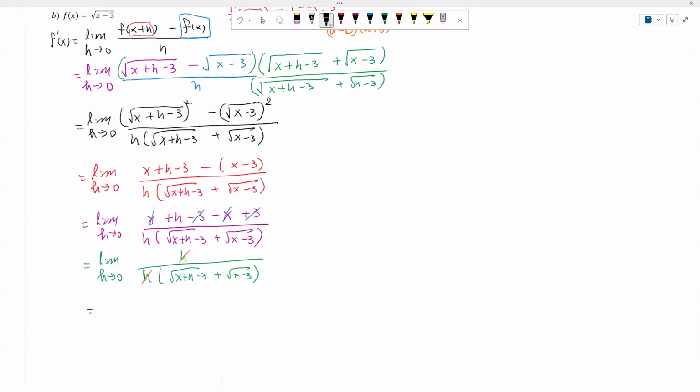And now I could, again, direct substitution, right? So I will have a square root of x plus 0 minus 3 plus square root of x minus 3. Since this and this are the same, my answer will be 1 over 2 times square root of x minus 3.